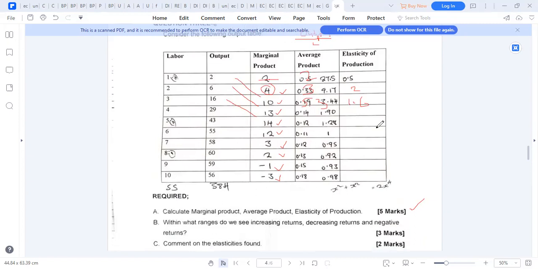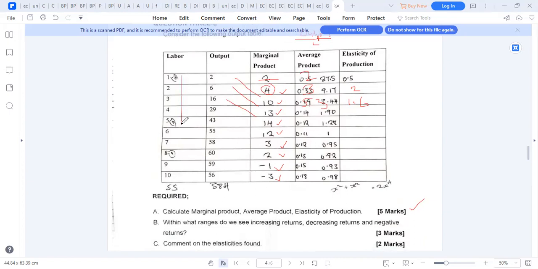Within what ranges do we see increasing returns, decreasing, and negative returns? So increasing returns to scale is where the output is increasing. It's increasing from what? Unit 1, 2, up to unit what? Unit 5. Yes.